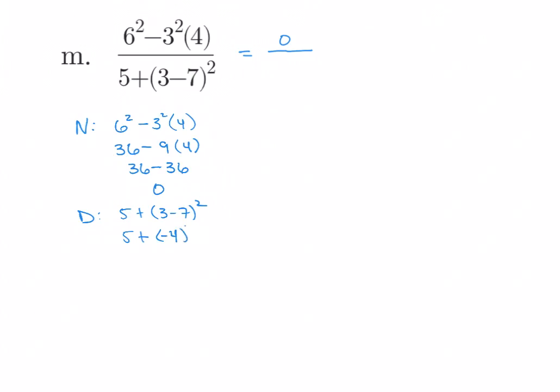Keep the sign of the larger number. All right, negative 4 squared. This is negative 4 times negative 4. 4 times 4 is 16, and our negatives cancel. So we get 5 plus 16. And 5 plus 16 is 21.